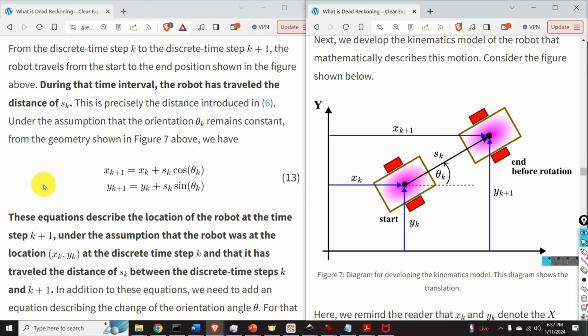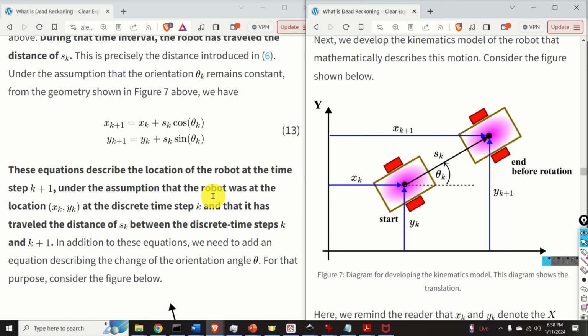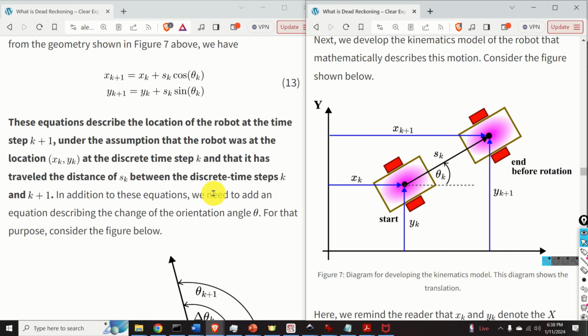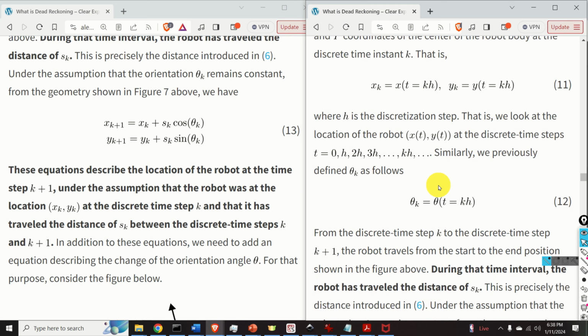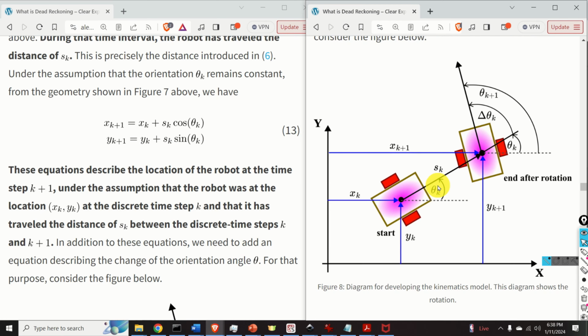These two equations describe the location of the robot at the time step k plus 1, under the assumption that the robot was at a location xk, yk at the discrete time step k, and that it has traveled the distance of sk between the discrete time steps k and k plus 1. In addition to these two equations, we need to add an extra equation describing the change of the orientation angle θ.